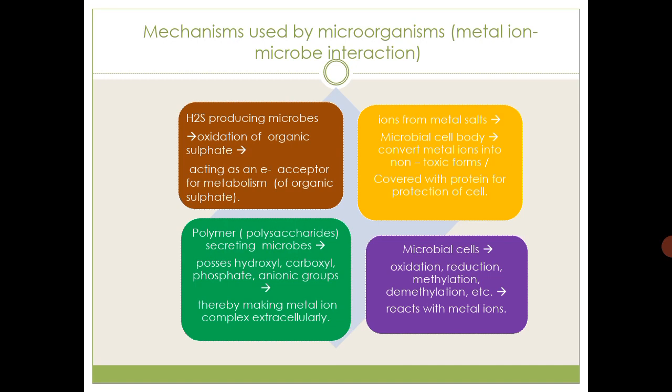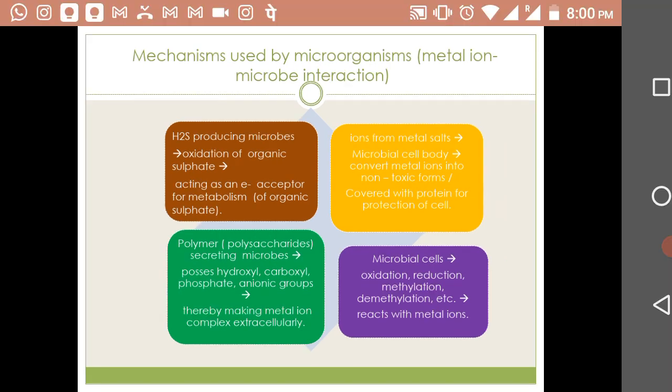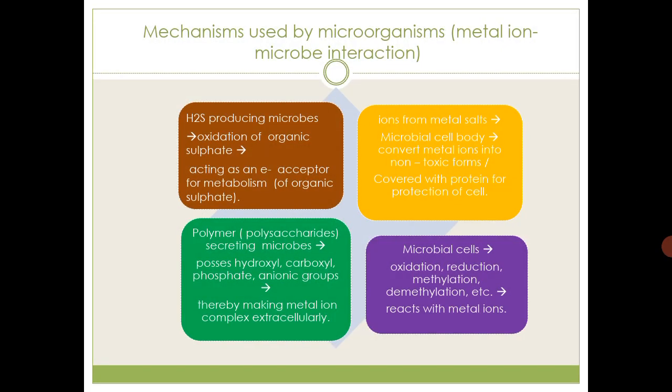Now coming to the fourth box, the violet box, we have the microbial cells. Microbial cells can use processes such as oxidation, reduction, methylation, demethylation, etc. With the help of these processes, they can react with the metal ion.